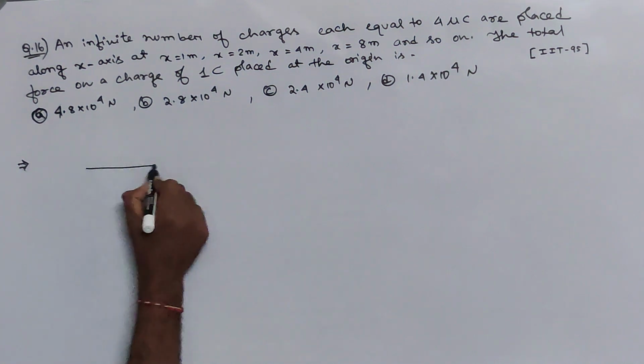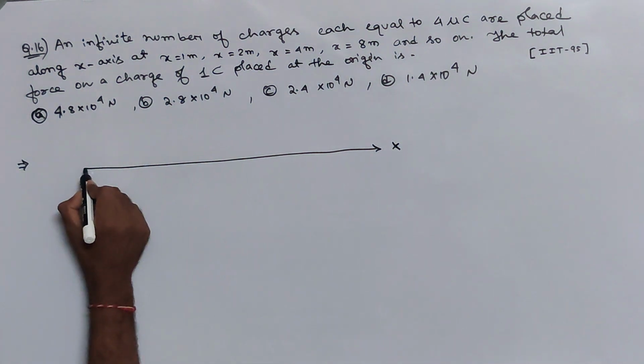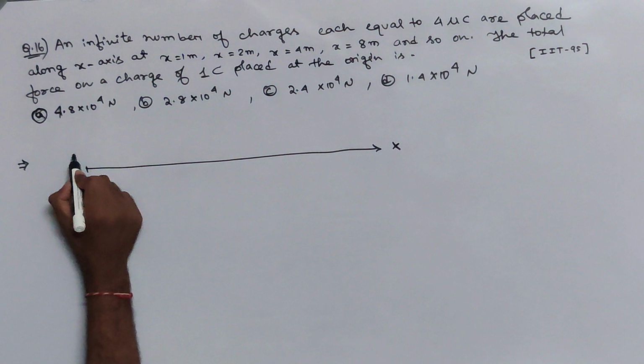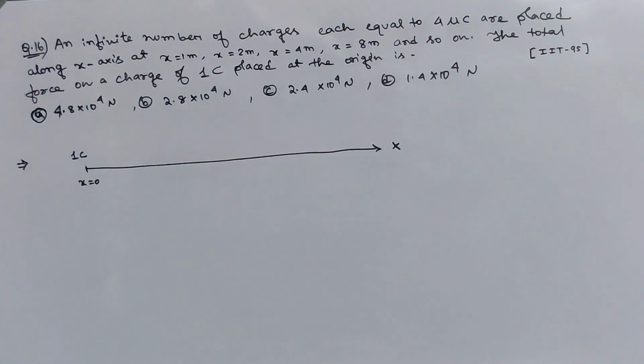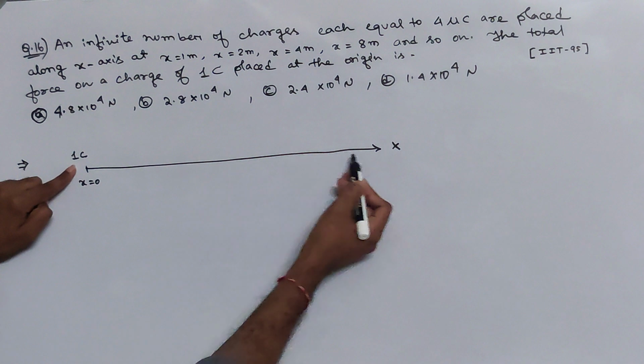So let's say this is my x-axis, and on that axis this is my origin, that is x equal to 0, and here a 1 coulomb charge is placed. You have to find what will be the force experienced by this 1 coulomb charge due to the distribution of charges on the x-axis.